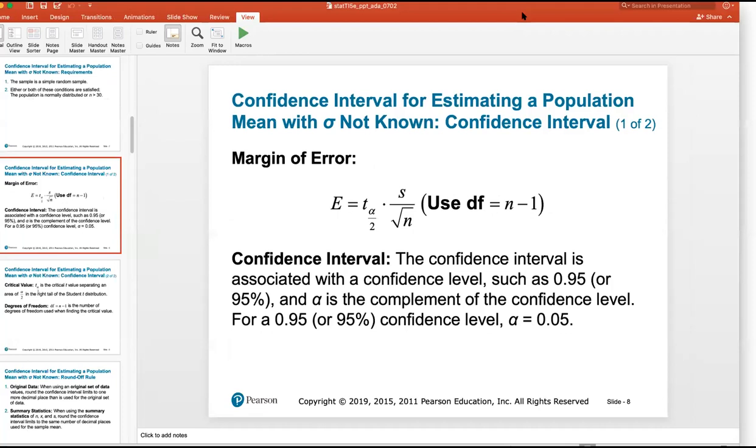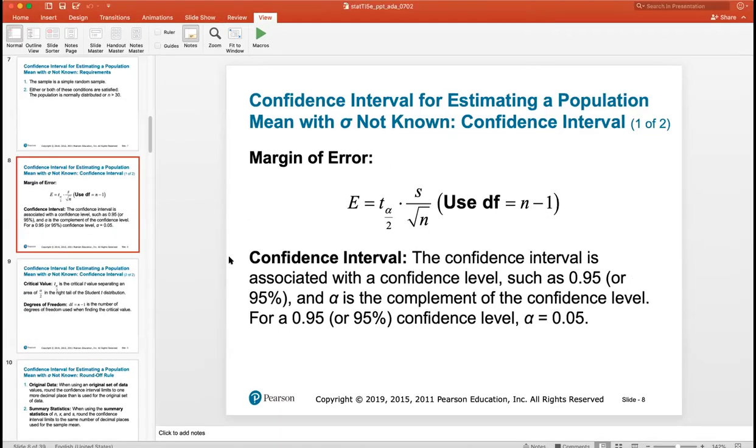Here's the PowerPoint lecture slide. The margin of error, E, can be calculated like this, but eventually we're going to use a calculator to figure out the confidence interval. But you need to understand the concept and the formula and the terminology.